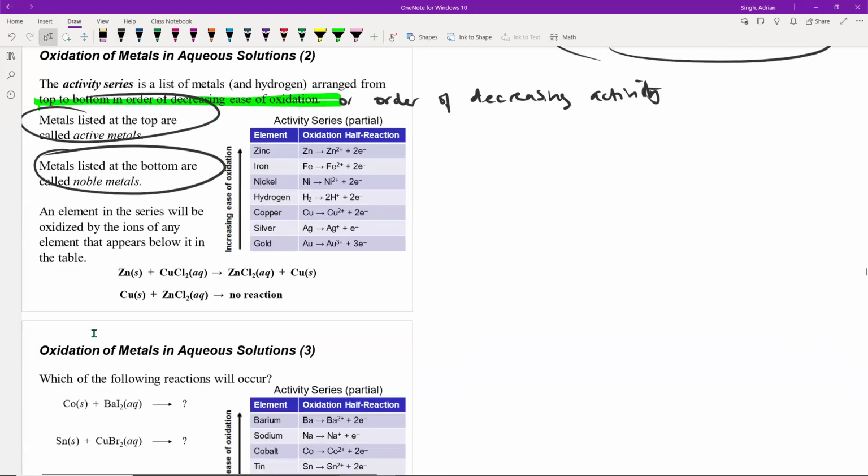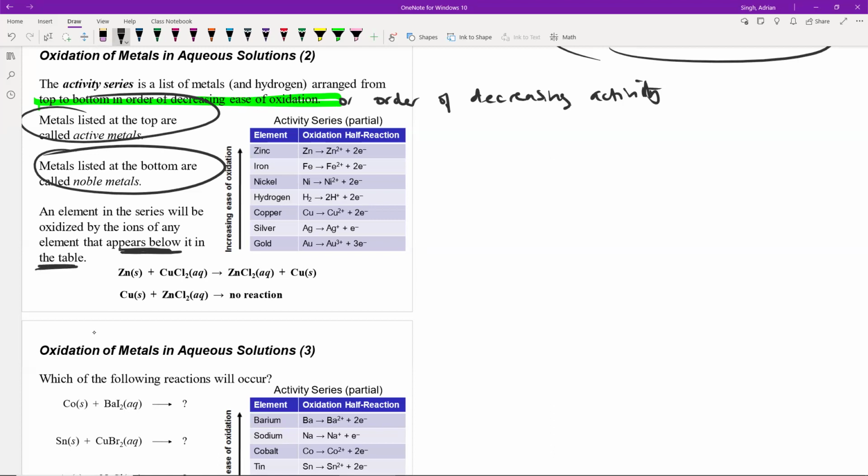So the way that we can compare metals on the activity series is that any element in the series will be oxidized by the ions of any element that appear below it in the table.